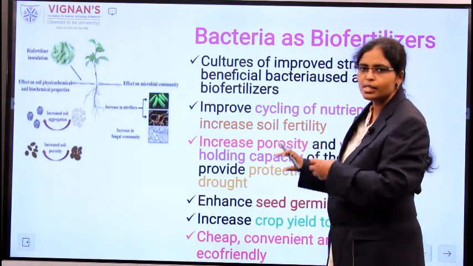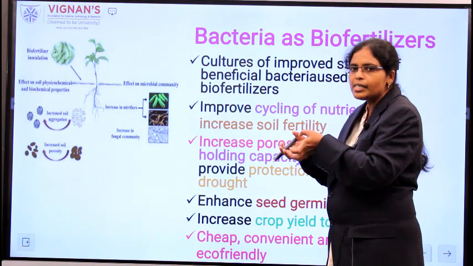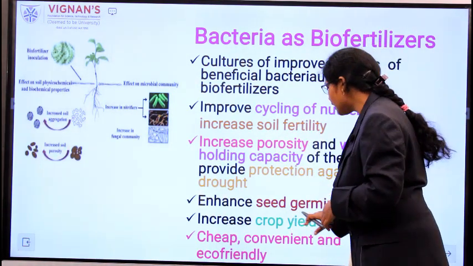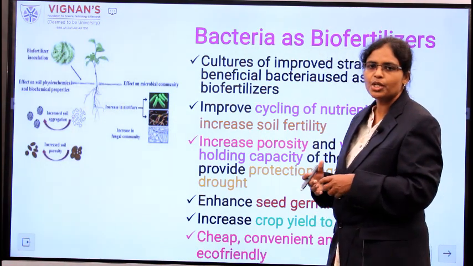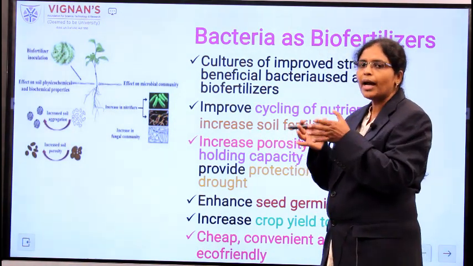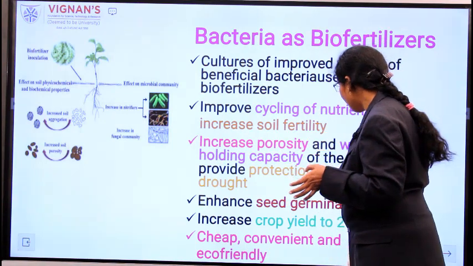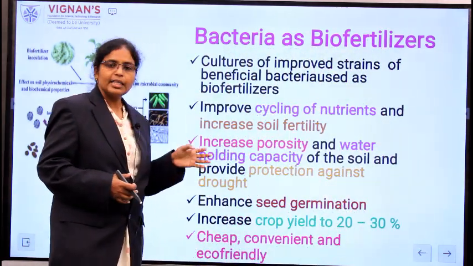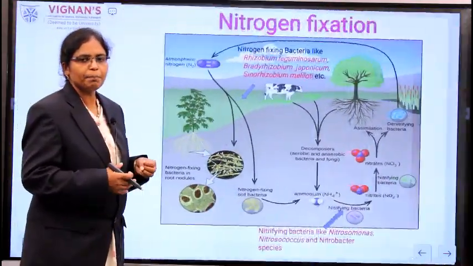In those cases, they increase the water holding capacity for the plant, and they enhance seed germination. Not only seed germination, they increase the plant biomass, that is the crop yield, by 20 to 30%. And these biofertilizers are cheap and eco-friendly.